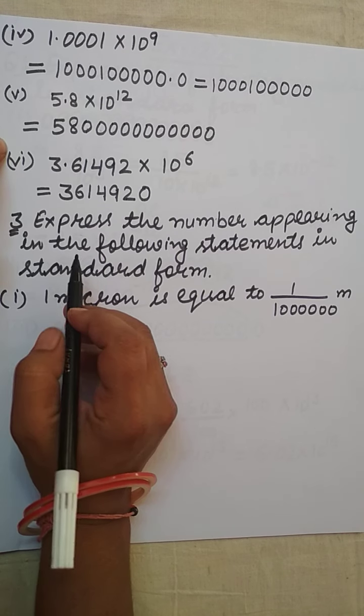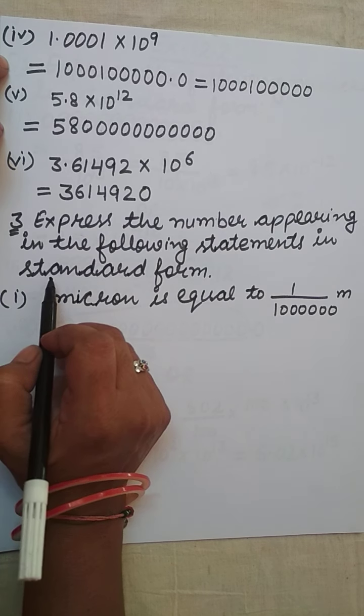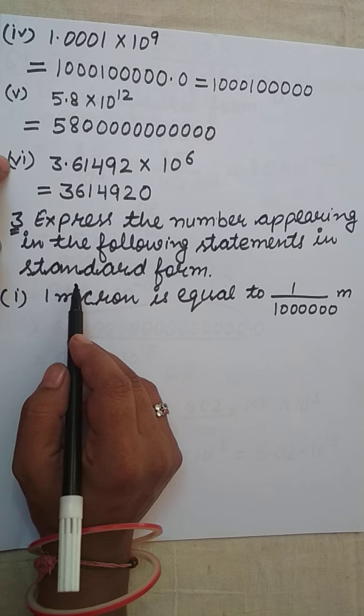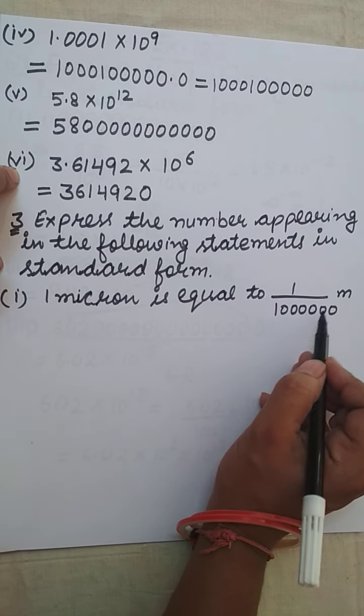Next is question number 3. Express the number appearing in the following statement in standard form. Question number 3 is again the same as question number 1. Now the first part is 1 micron is equal to 1 by 10 lakh meter.